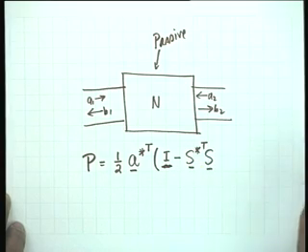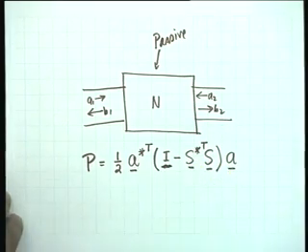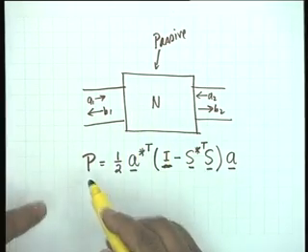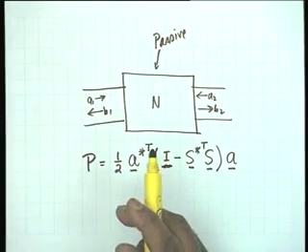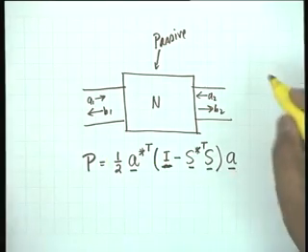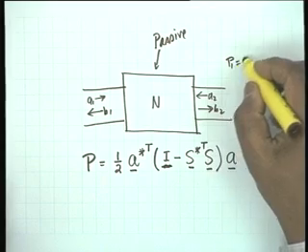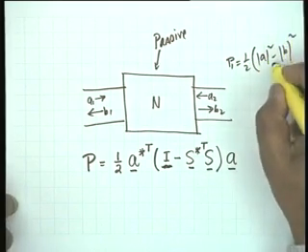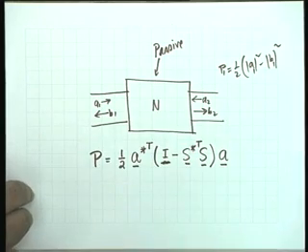These are all matrices post-multiplied by the matrix A, where we utilized the relationship that the power capital P is the sum of two powers P1 and P2. P1 is half mod A1 squared minus mod B1 squared, and P2 similarly is half mod A2 squared minus mod B2 squared.